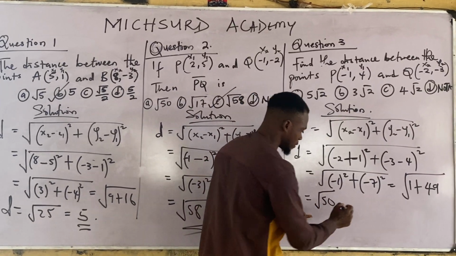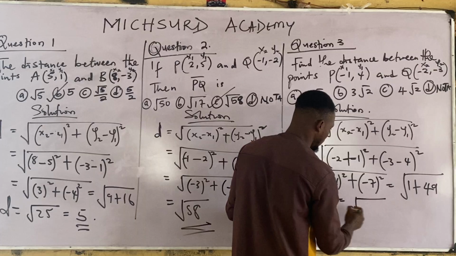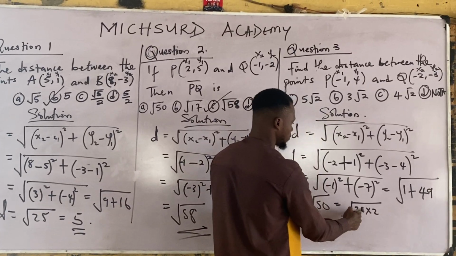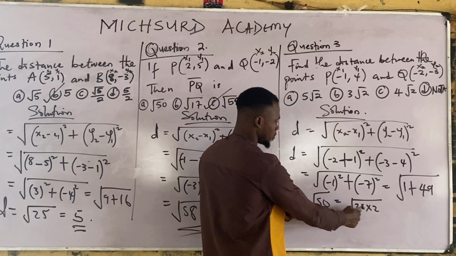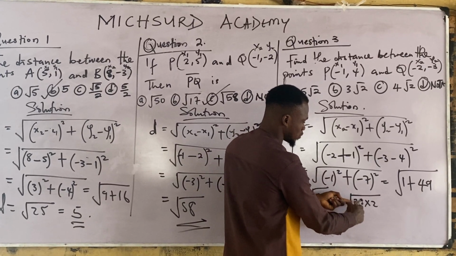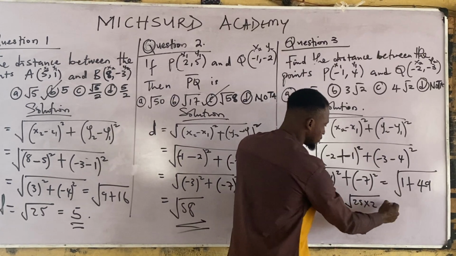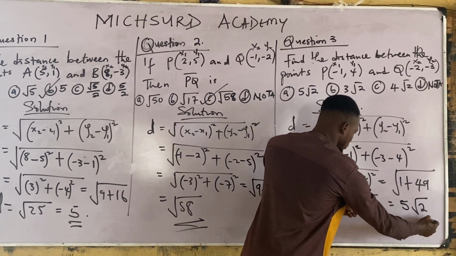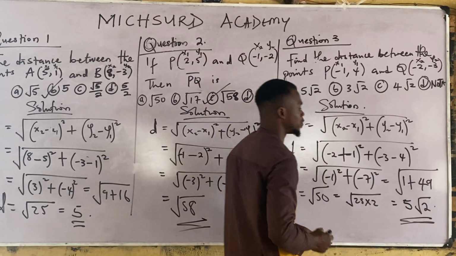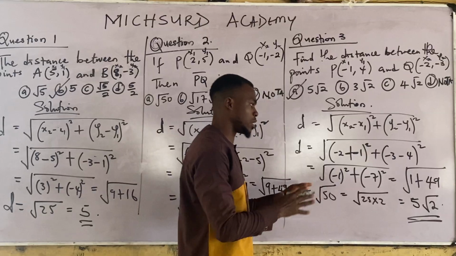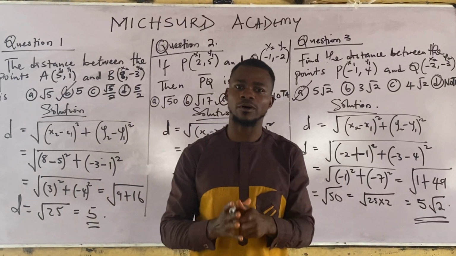Square root of 50 is the same as square root of 25 times 2, which gives us 50. But 25 is a perfect square, and its square root is 5. What remains inside is root 2. So we have 5 root 2. The correct option is A. That is how we solve this question on distance.